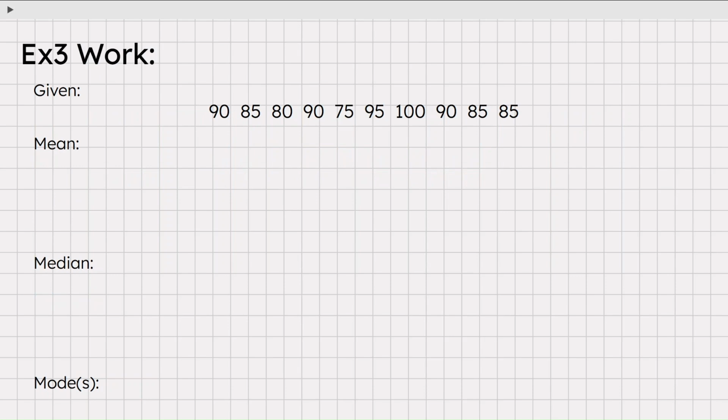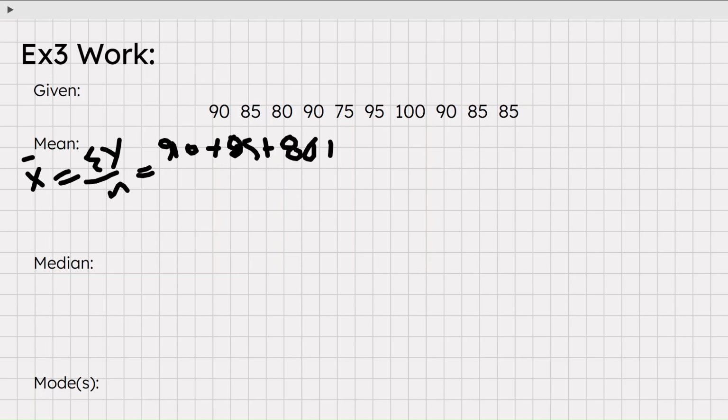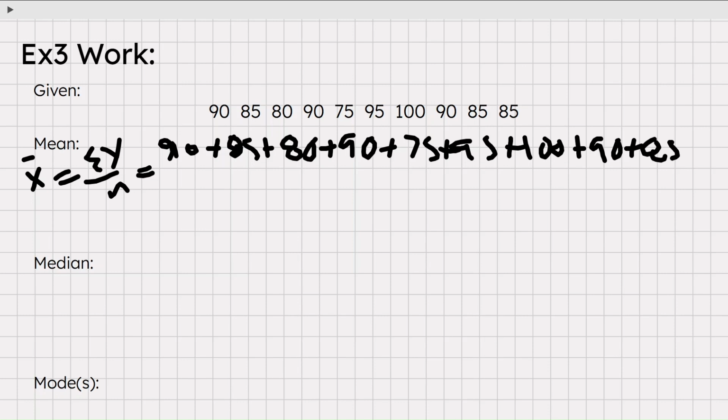For the mean, as we did before, sample data, so x bar equals the sum of x over n, the number of values, which is 90 plus 85 plus 80 plus 90 plus 75 plus 95 plus 100 plus 90 plus 85 plus 85 again.